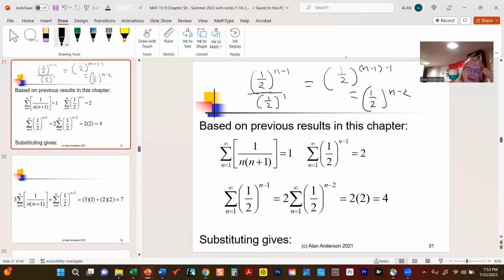So dividing by half, of course, is the same thing as multiplying by 2. So that's why this is here. Okay, that's the logic behind this statement.